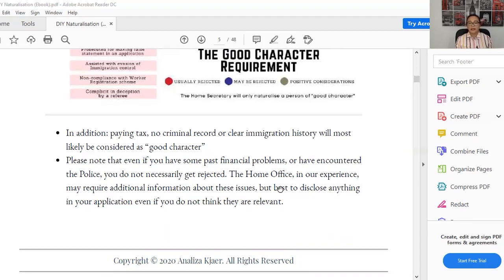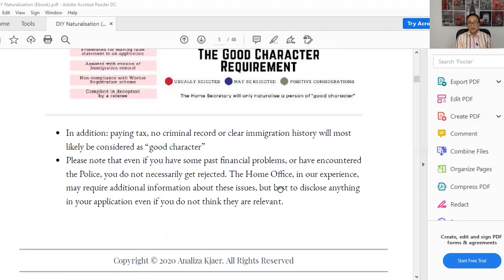For example, I had the client that I mentioned earlier, who had a court judgment in relation to rent arrears. The landlord took them to court and she had to pay like 6,000 with her ex-husband. She also had something under the criminal category, not really criminal. She was arrested for shoplifting, but she didn't know what was going on because she didn't know English at the time.